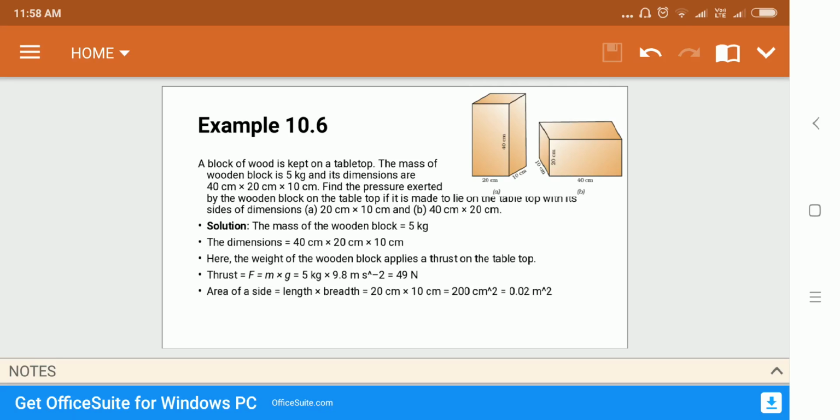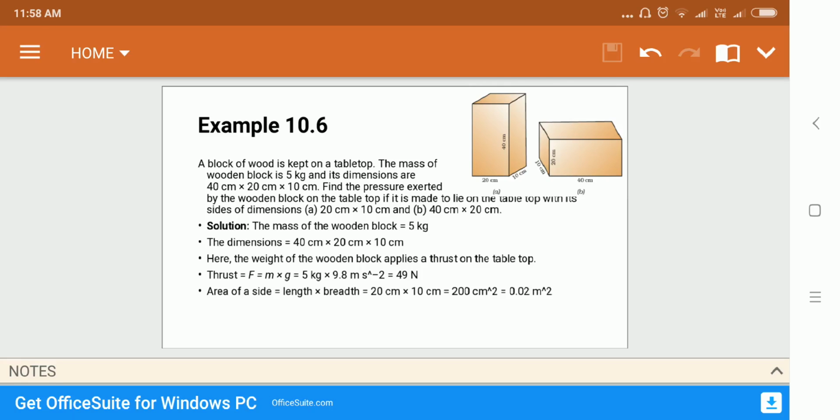So here we need to determine the pressure. For that, first we need to determine the thrust, because pressure is nothing but thrust by area, and the contact area is given in two different cases. So first determine the thrust. The thrust equation is nothing but m into g.